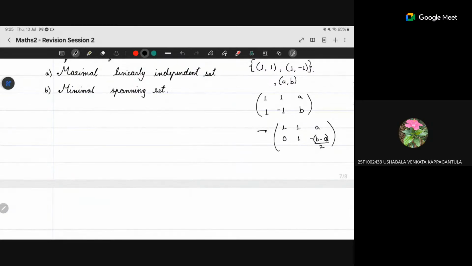And are there independent variables for this system of equations? It becomes dependent. Are there independent variables? Yes, z is an independent variable. So there are totally 3 variables, 2 of which are dependent, 1 of which is independent.